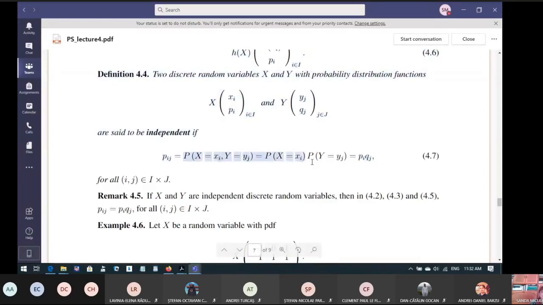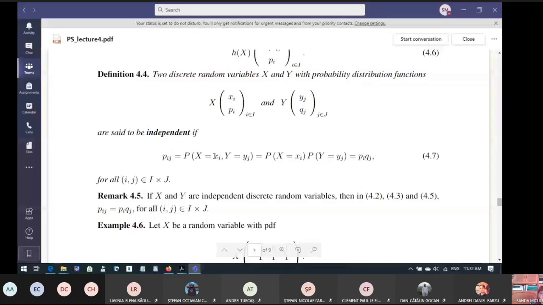Now, when we look at this, this should come as no surprise at all. Basically, when we talk about this probability of the vector taking a value, like I said, maybe the most correct way would have been to write it as a vector. The vector XY takes the value, the pair xi, yj. Of course, that means component-wise.